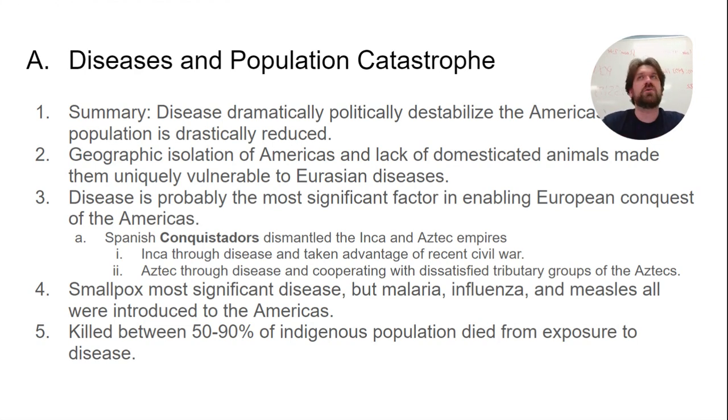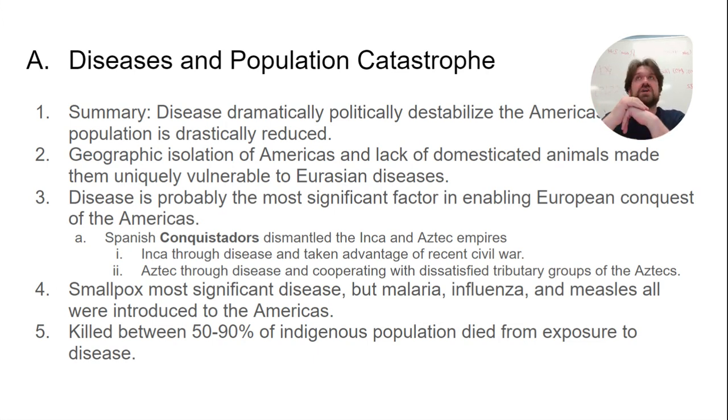But Pizarro also benefits from the fact that the Inca engaged in an extensive, brutal civil war that is caused in part by the plague, the introduction of Eurasian diseases as they spread from Mesoamerica and the South American coast into the Andean region. So actually, the Eurasian diseases arrive before the Europeans get there. And as a consequence of that instability, the Inca, this massive state, are poorly equipped to resist the Spanish incursion into Inca territory.